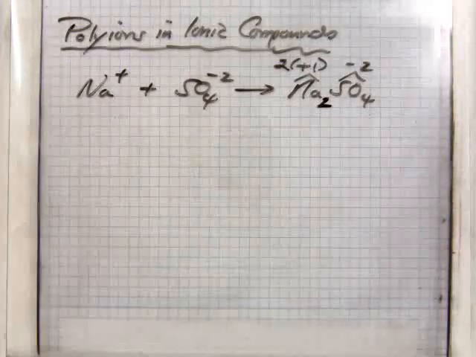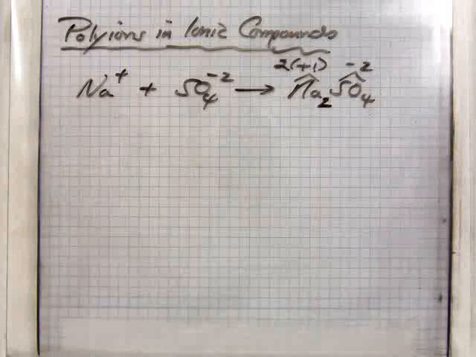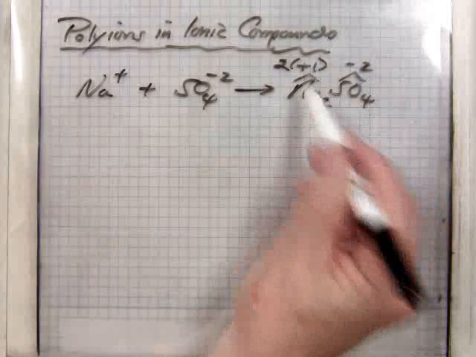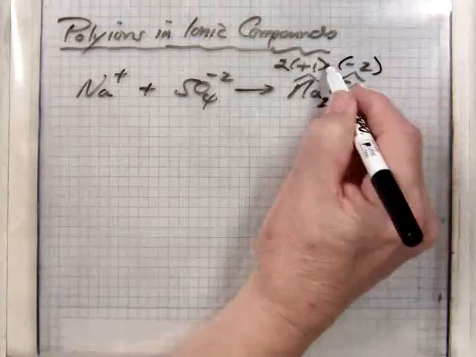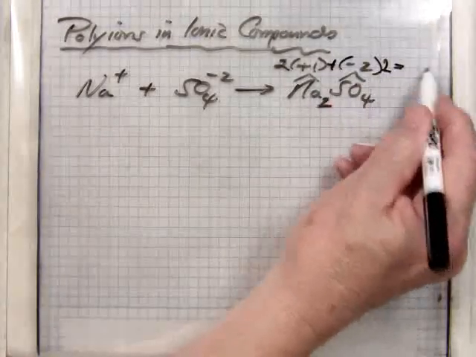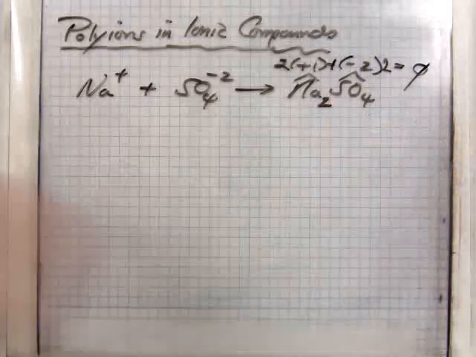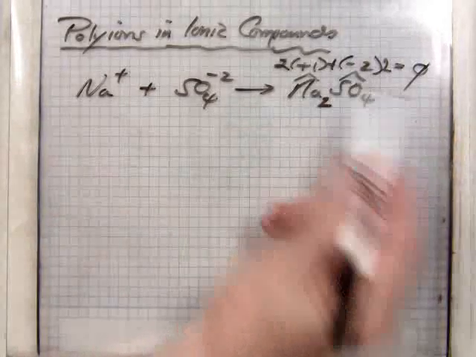We will use coefficients when we write equations to increase or decrease, but the subscript says, okay, this is the formula for sodium sulfate, and there is no other that would match that. So you have to have +1 and -2, and all of it must equal 0 to verify the formula. So you have 2 sodiums and 1 sulfate.